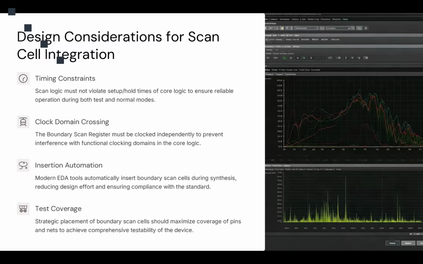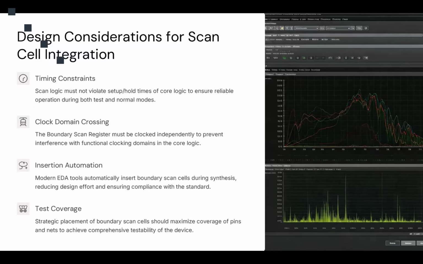Now, modern EDA tools automatically insert the boundary scan cells during synthesis. What that means is these tools rely on the BSDL language, the protocol that boundary scan uses to describe the input-output patterns so we can analyze the behavior.